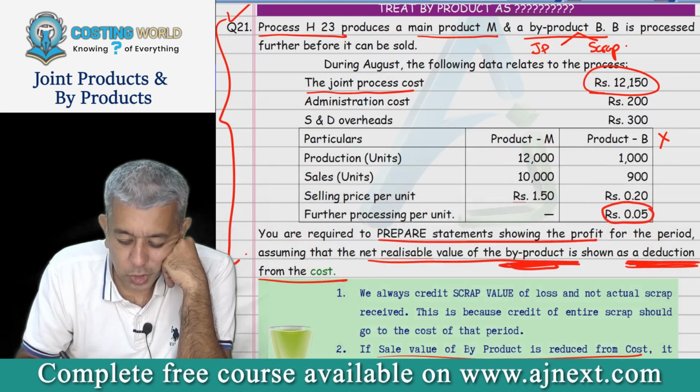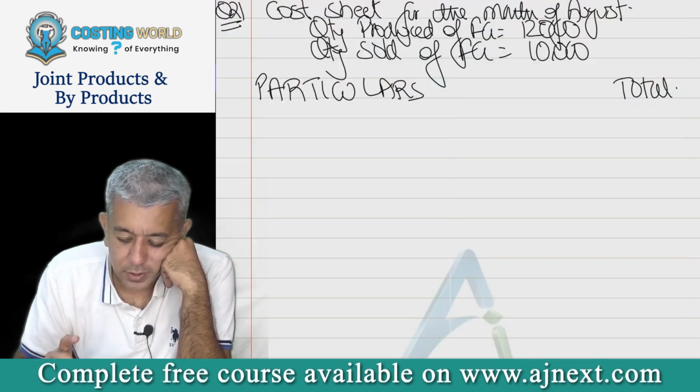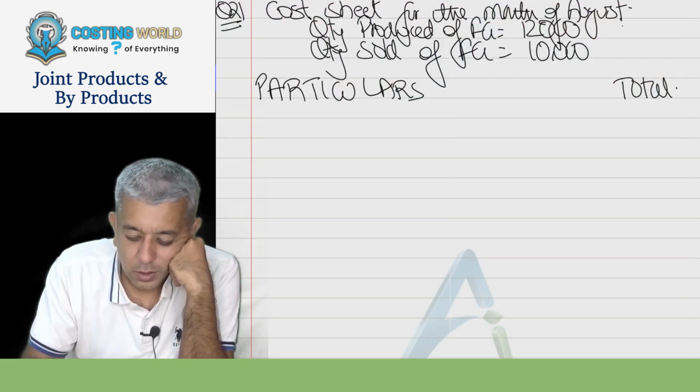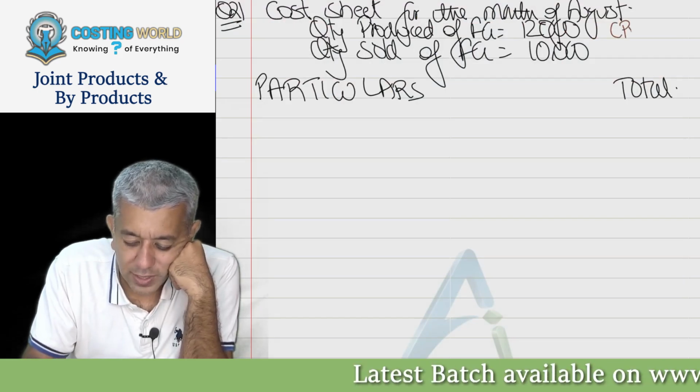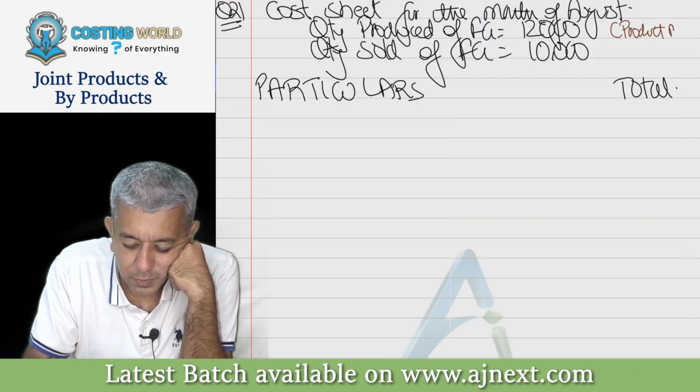Okay, now finished goods means which particular product? Product M. Just write down once over here, that will be better. Product M.